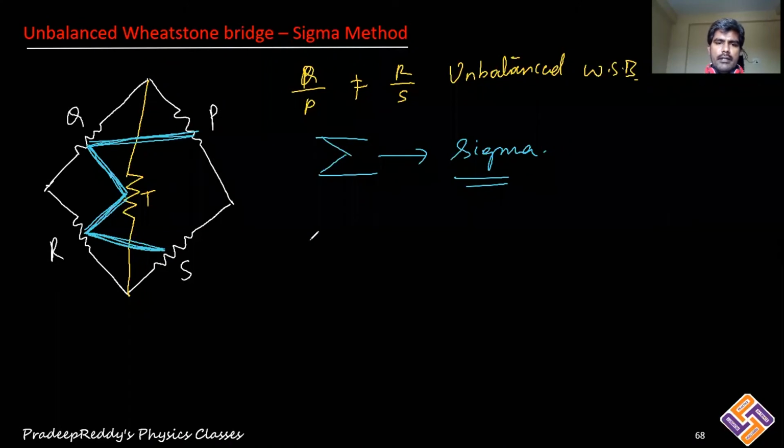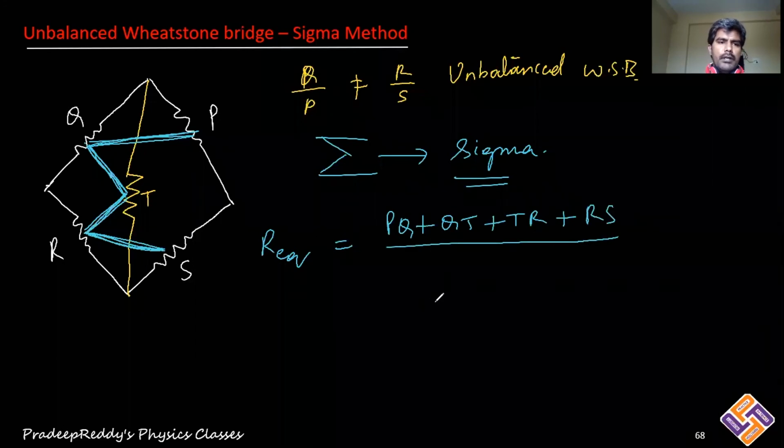R equivalent is equal to PQ, plus Q into T, QT, plus T into R, TR, plus R into S, divided by Q plus T plus R. Sorry, P plus Q plus T plus R plus S. This is the effective method, the sigma method. You can reduce the resistors into this form.